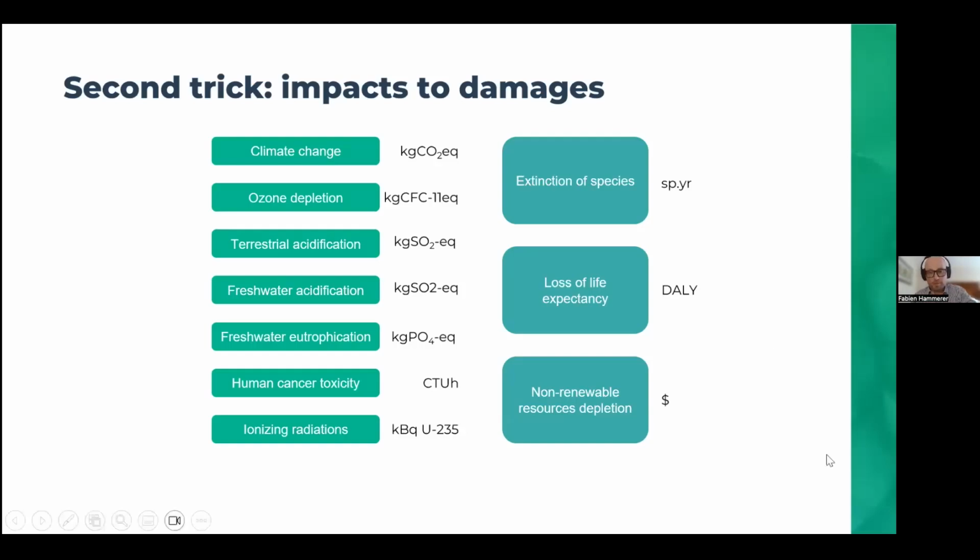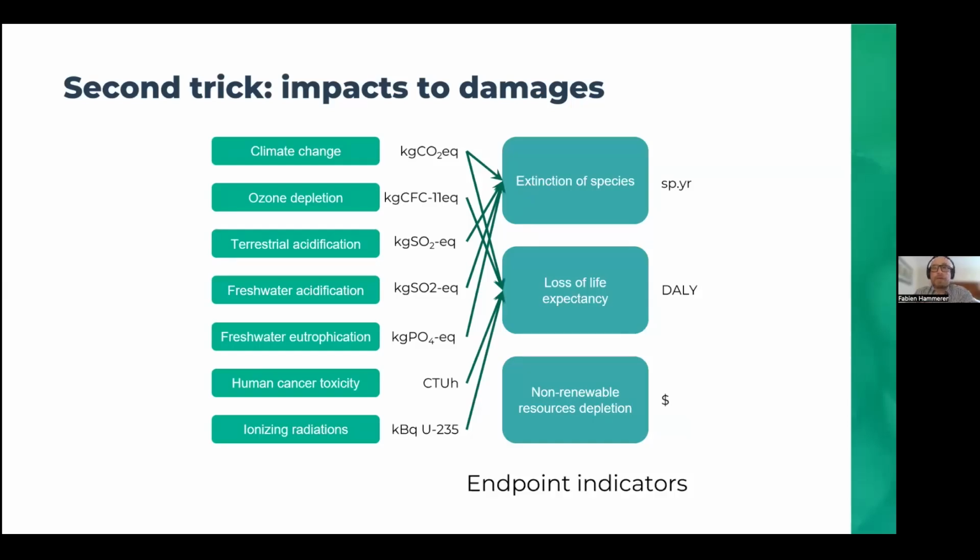And these ones, in a bit more of an underwhelming consideration, are expressed in dollars, US 2016 dollars, if I'm not mistaken. So basically, you've aggregated very different impacts into three damage areas. And now, each of them participating to different extents to those, these are called the endpoint indicators.